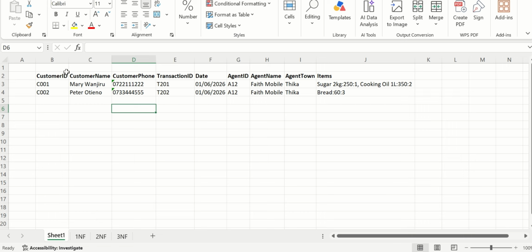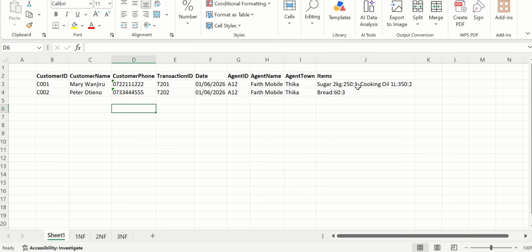If you look at all these values, you can see each and every value is in its own unique cell except the items. For example, sugar 2 kg, this is an item, and then 250 is the price of the sugar, and then 1 is the quantity.